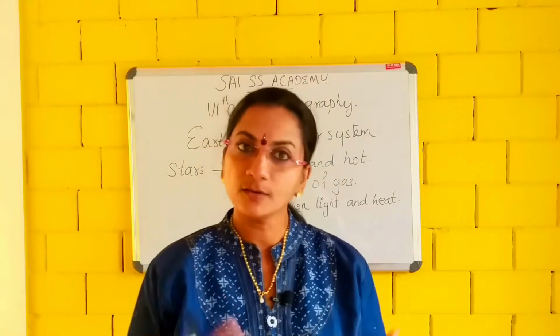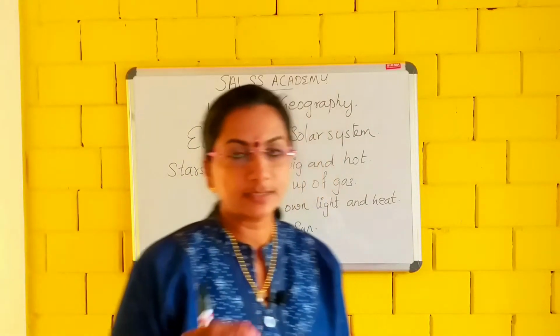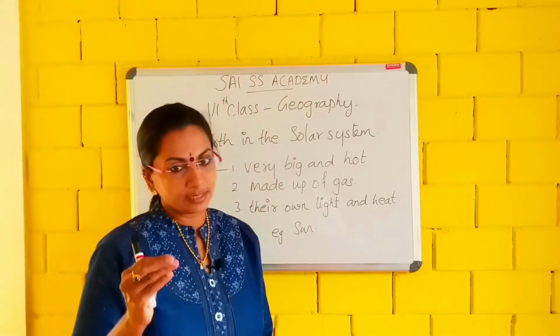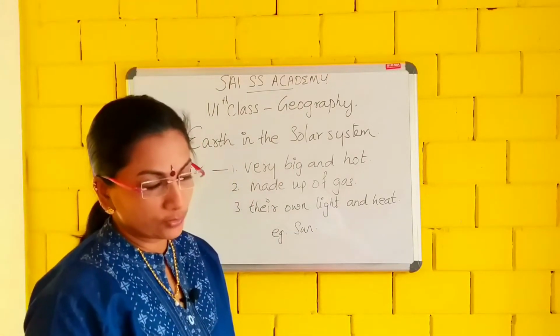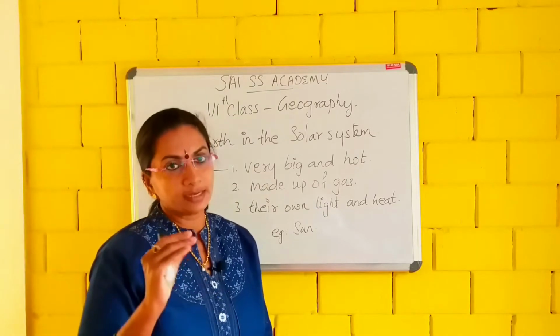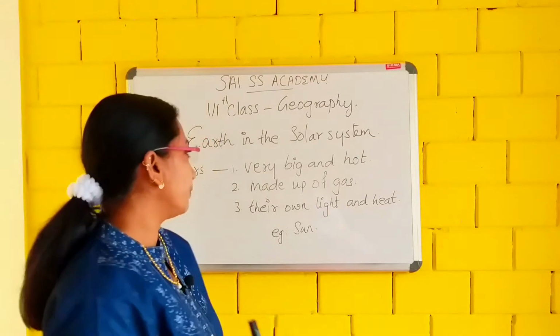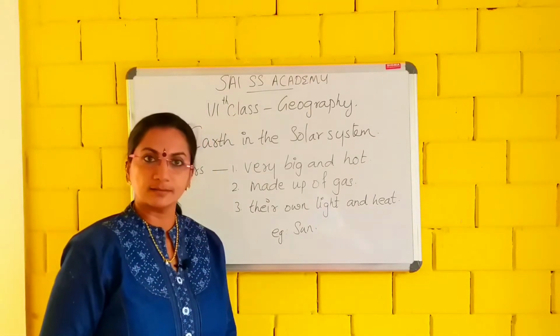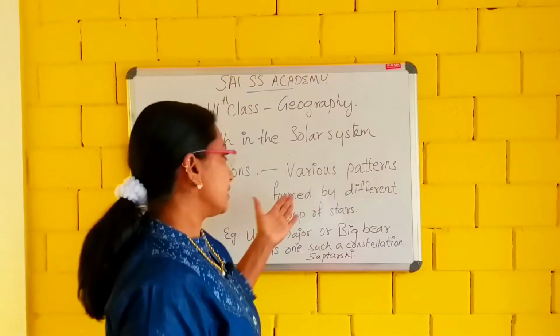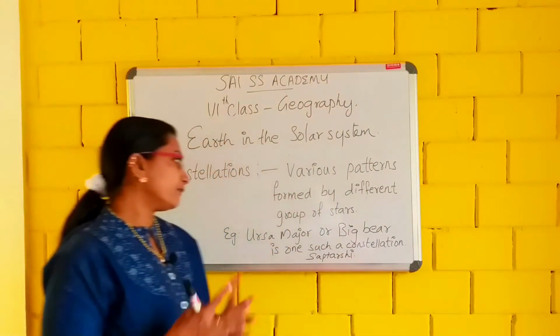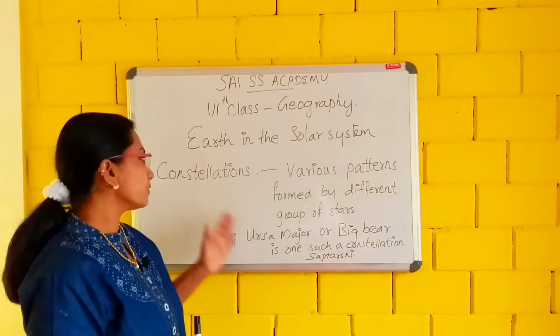For example, our sun. So what is the definition of a star? Some celestial bodies are very big and hot. They have their own heat and light and they are made up of gas. Example, sun.